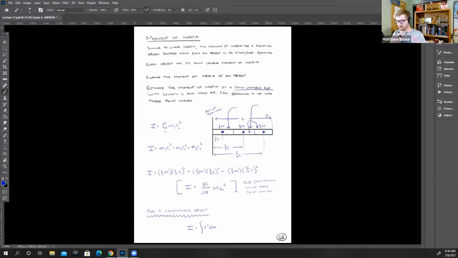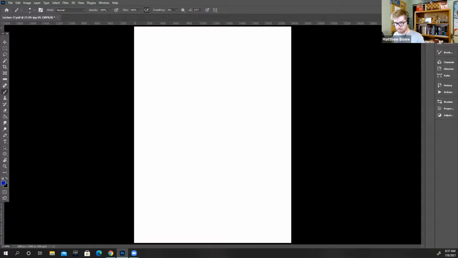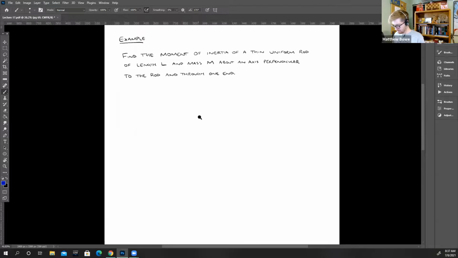This solid object's made of millions of particles. So I want to get a more accurate result by including all of them. Let's do this example. Same exact problem, except we're going to do it slightly different.